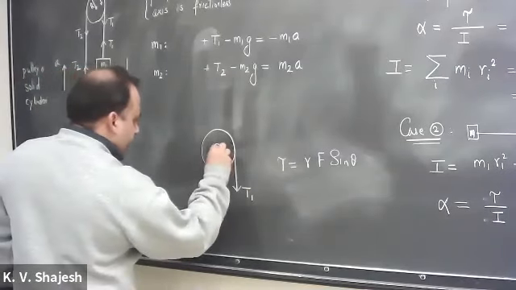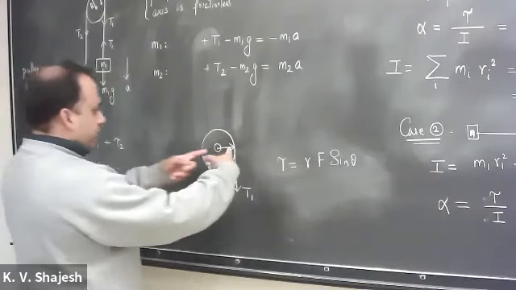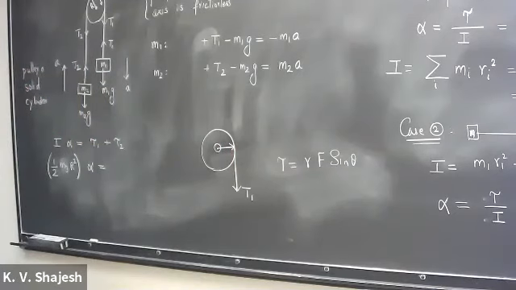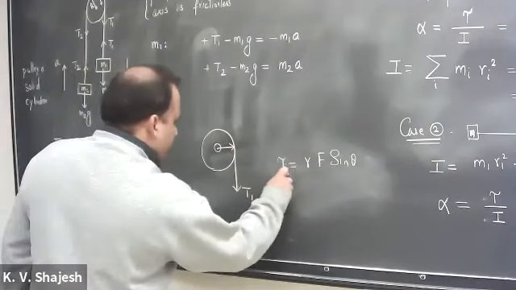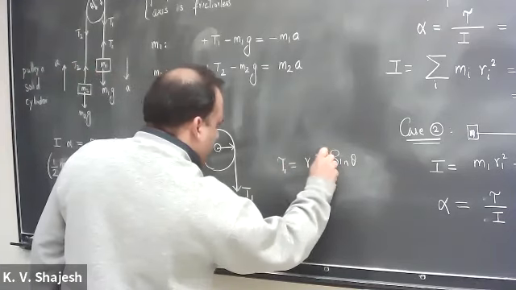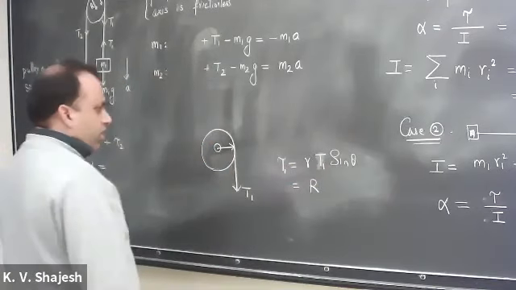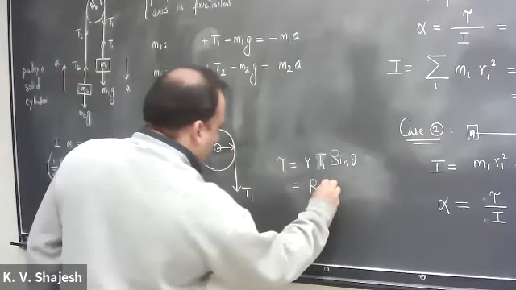The distance vector from the axis is this quantity in here, which is exactly the radius of the cylinder. So the torque due to T1 will be equal to R, the length of this radius, times T1.